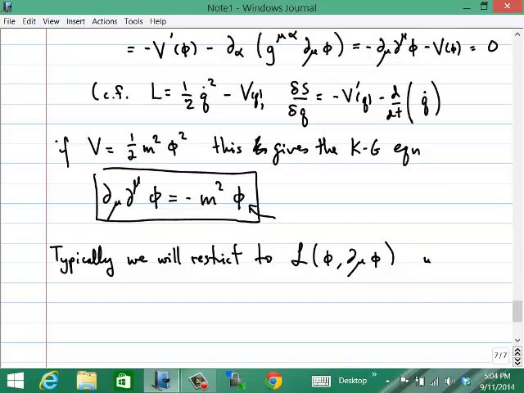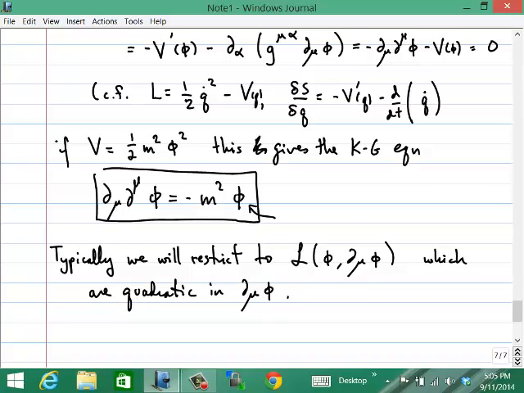And moreover, I'll restrict to those theories which are quadratic in the derivatives of φ. In that case, the only sorts of kinetic terms I could write down, that is to say the only sorts of terms that depend on ∂_μφ, are terms of the form g^{μν} ∂_μφ ∂_νφ. Those are the only scalar terms that I could write down to give equations consistent with special relativity.